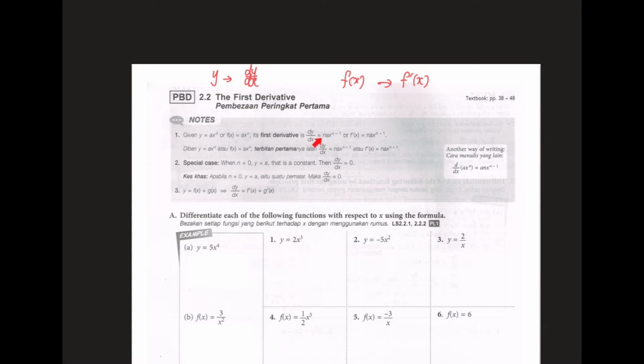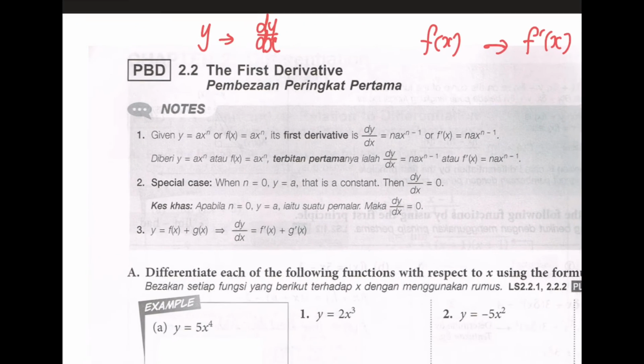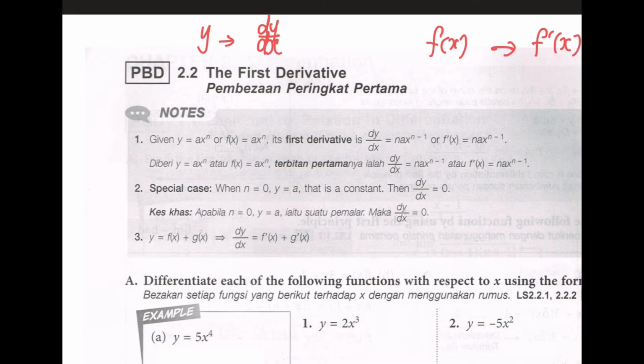Now how to understand this? We have to think about it in this way. Let's focus on that now. We have ax to the power of n as the question. When you do differentiation, the power n will go in front and become n that multiplies with the ax, and the power just now becomes n minus 1.